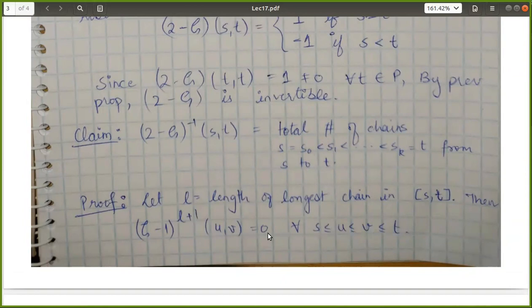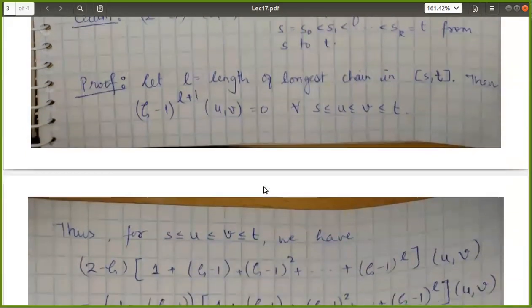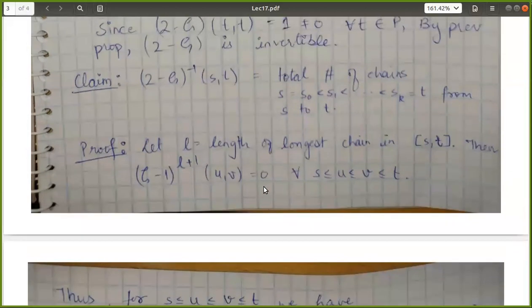Yes, ma'am. So here chain means strict inequality, right? Yeah. Okay. So this is 0. Now you start manipulating with this function.